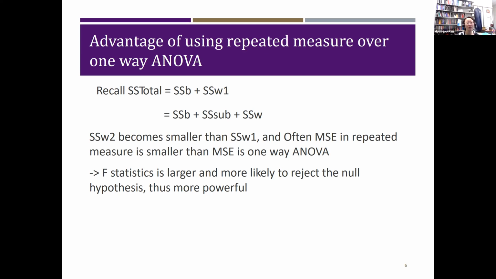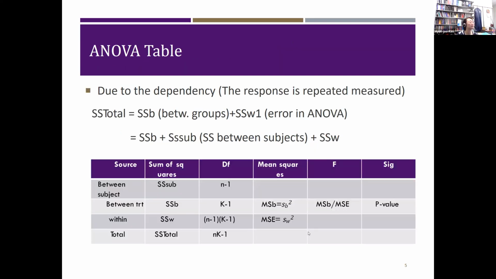This often makes MSE in repeated measure smaller than MSE in one-way ANOVA. It depends on degrees of freedom a little bit, but if SS sub is a decent amount, SSW will be substantially smaller than SSW1. Then once you divide by degrees of freedom, often MSE in the repeated measure is smaller than MSE in one-way ANOVA.